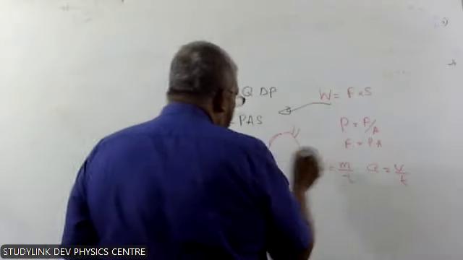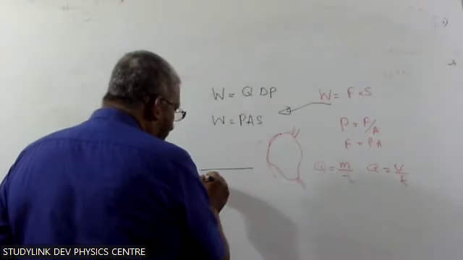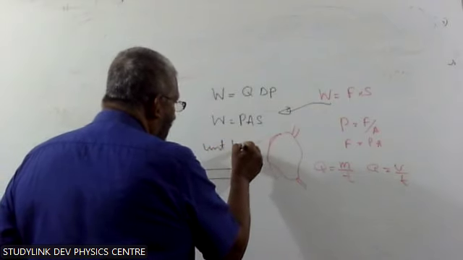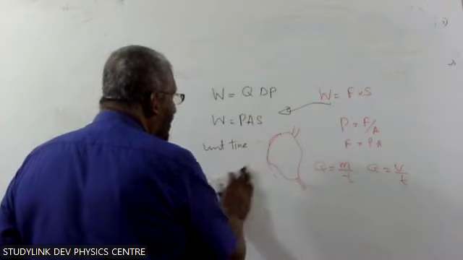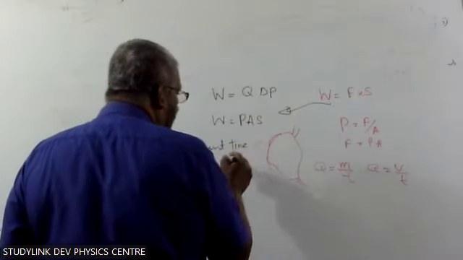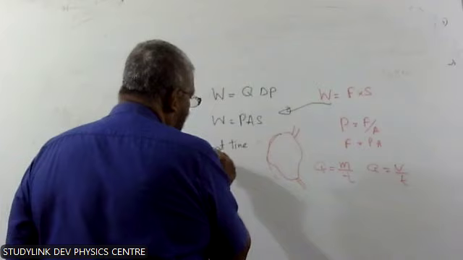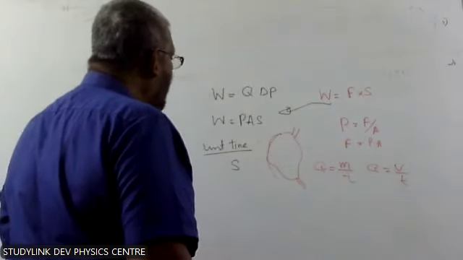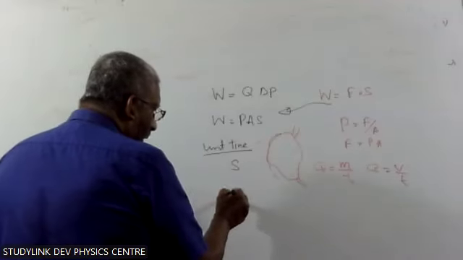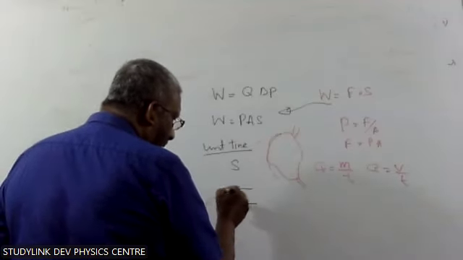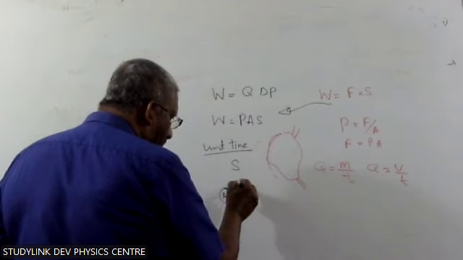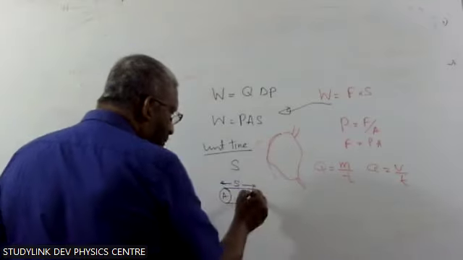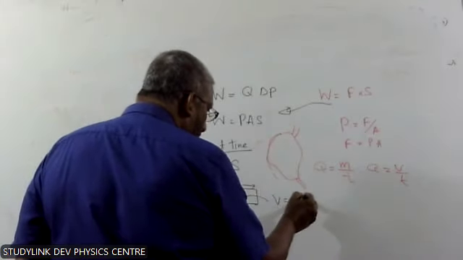Now we'll consider unit time. So S is the displacement for unit time. If the area is A, the distance it travels in unit time is S, so V is equal to AS.